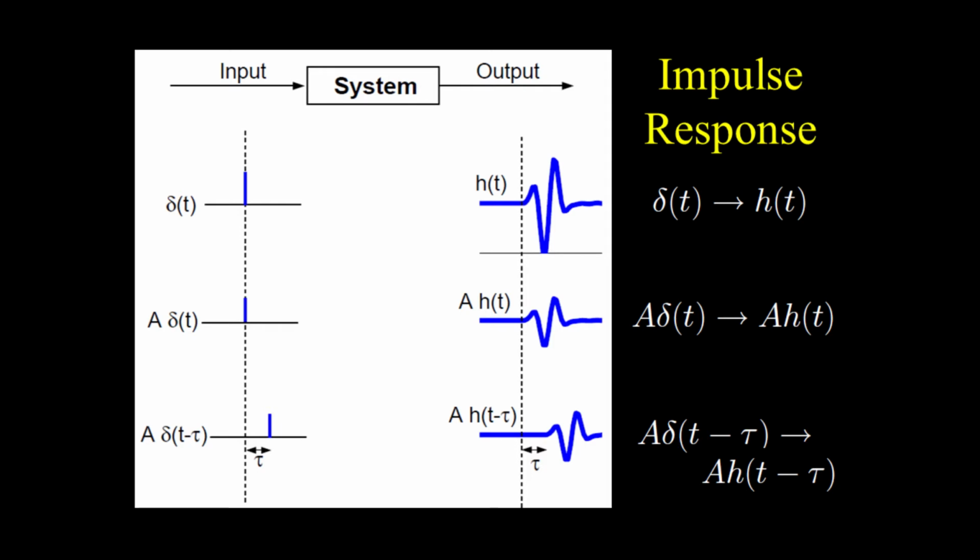That is, each impulse will produce its characteristic response independent of all other impulses, and the output will be the algebraic sum of the individual responses. These properties are written symbolically as follows.